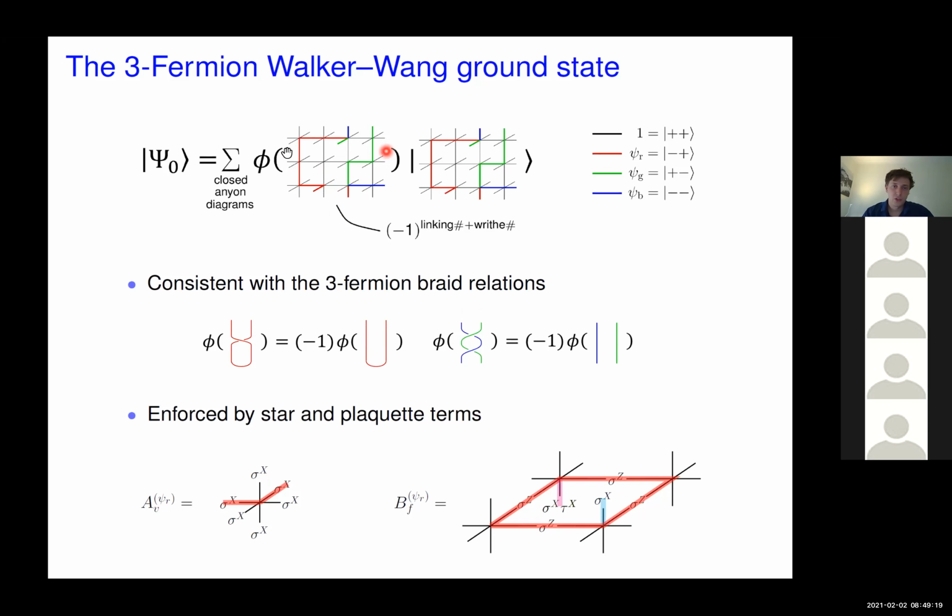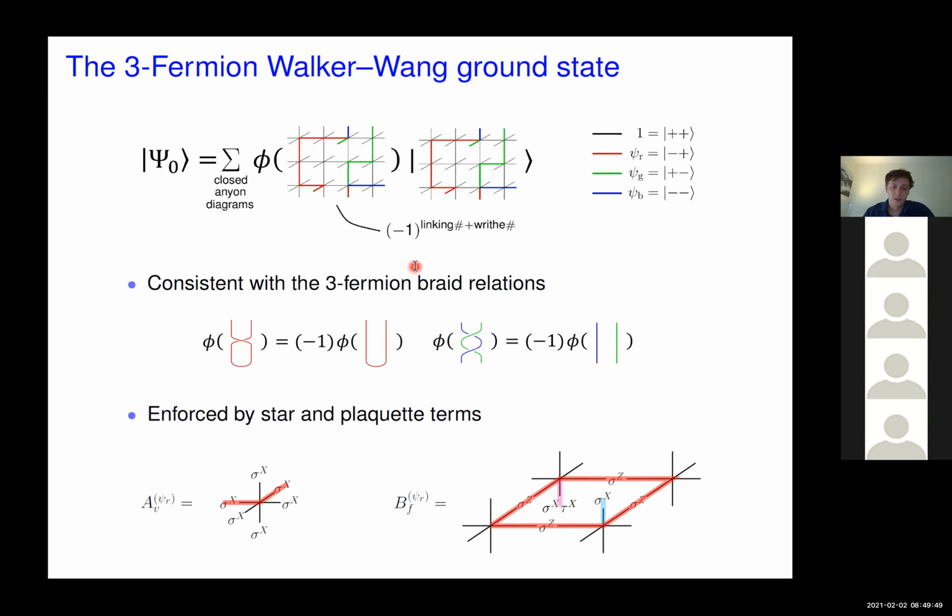So this satisfies all of the fusion rules at each vertex. Now, what about the coefficient? These are all the configurations, and this is where the braiding rules enter. Each configuration is simply weighted by a plus or minus one sign that's determined by the braid relations. You can check that if two configurations are related by some elementary braid or exchange, then they must come in with different signs as determined by the braid rules, for example, here and here.